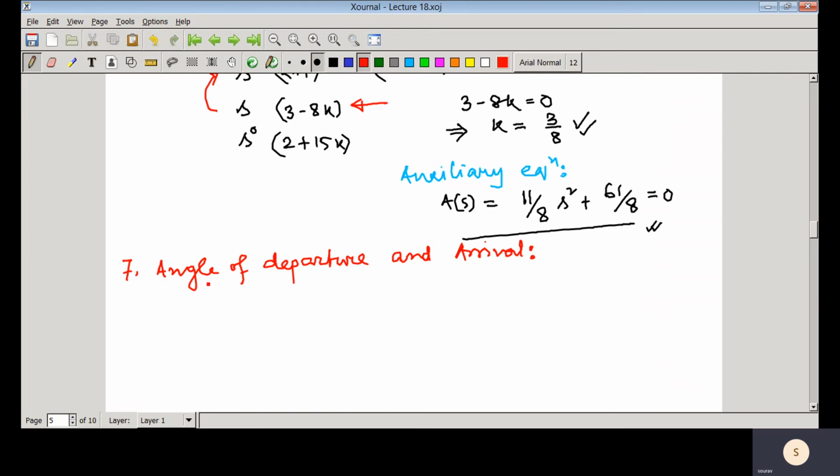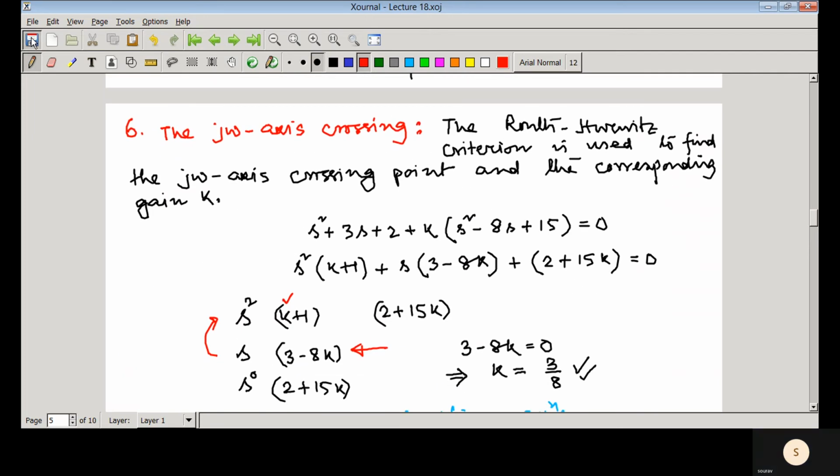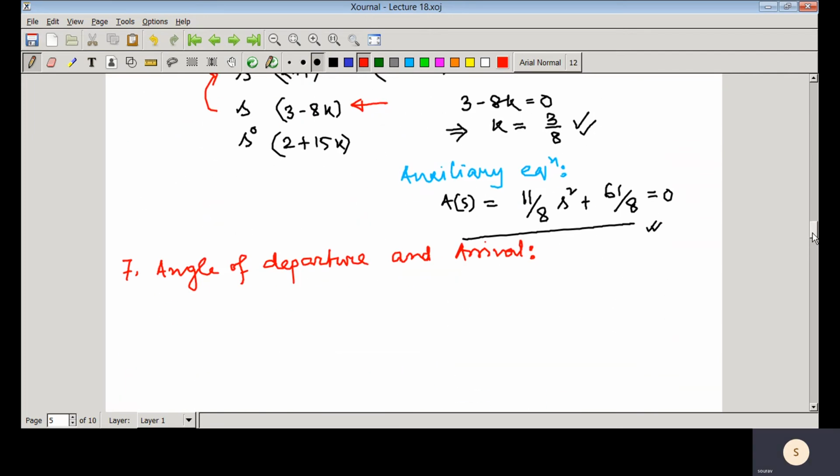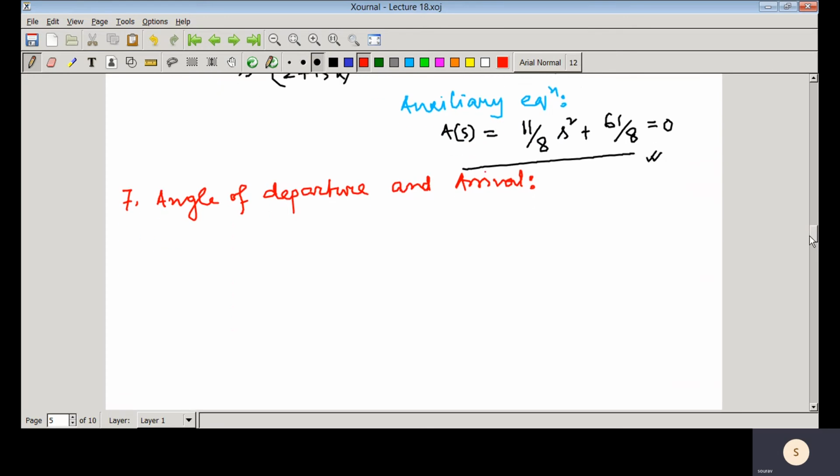What is this? This particular concept is required whenever we have complex conjugate poles and zeros. That thing you can understand from here.